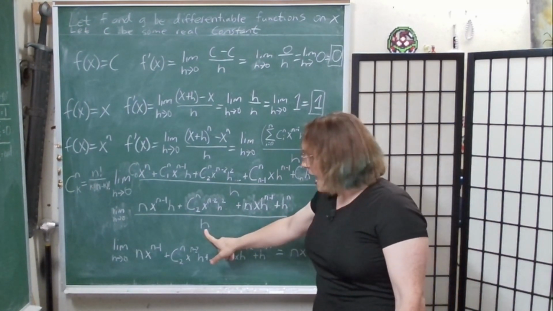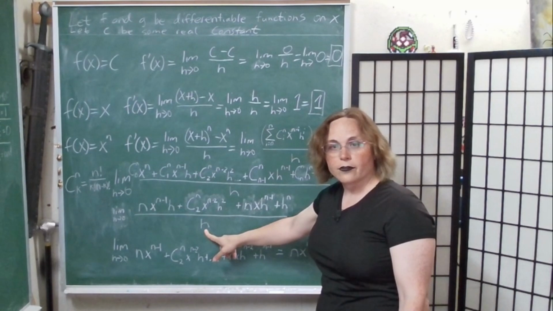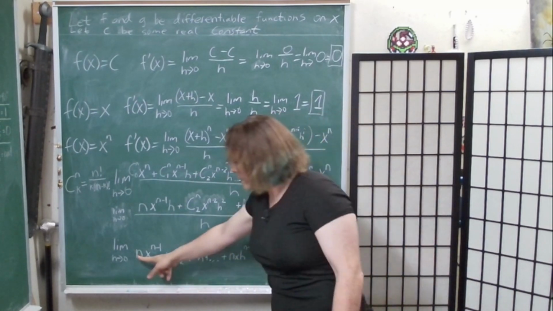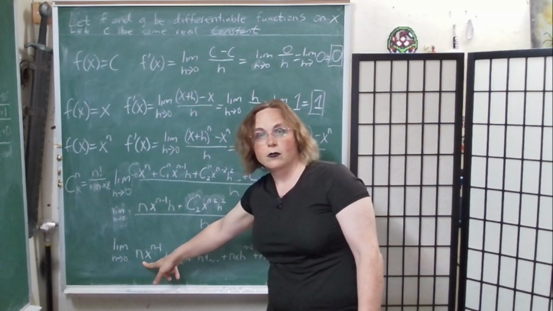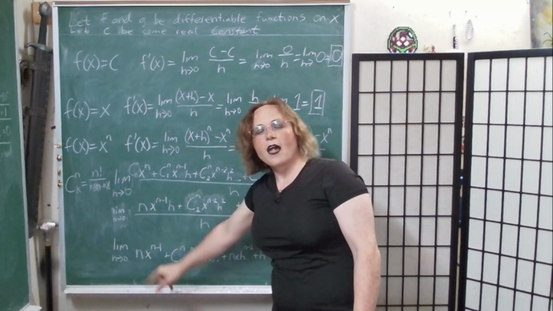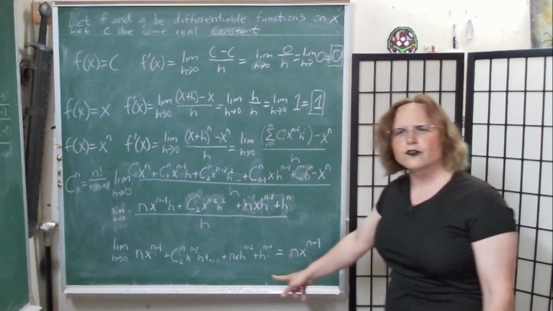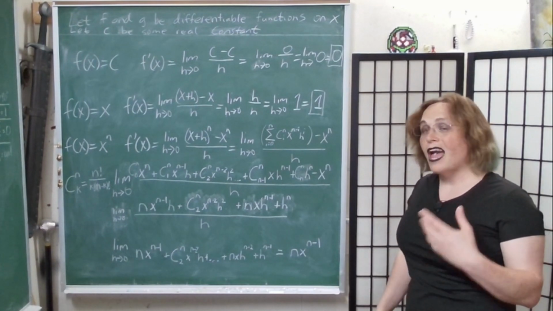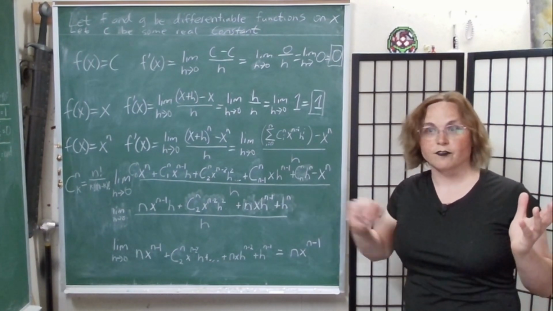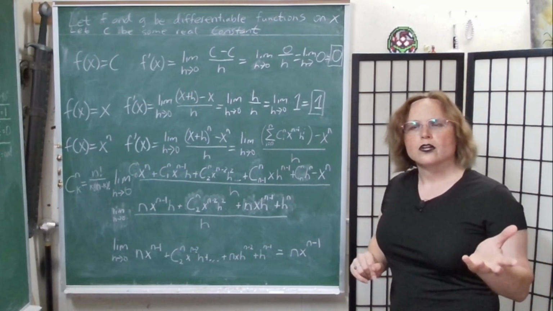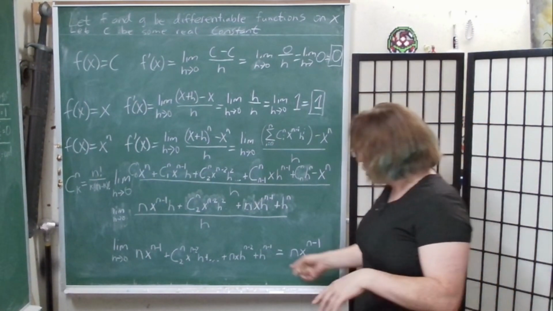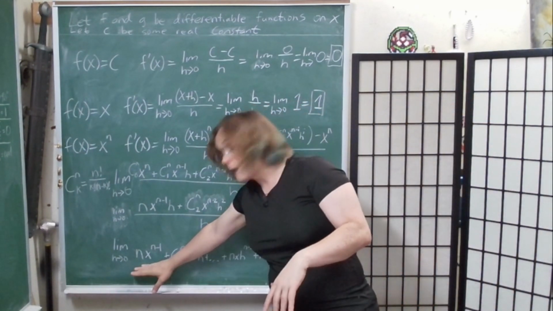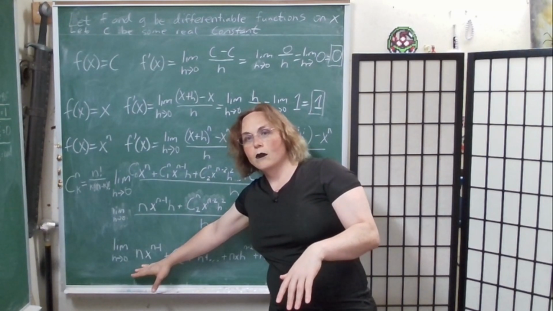So we divide out the h in the denominator, leaving every single term except for the first term with an h. So at that point, we have a sum of terms in a polynomial where every single term, except the first one, has an h. So if we take the limit, that's just the limit of each of those terms individually, which means all of those terms, except that first term, go to 0.